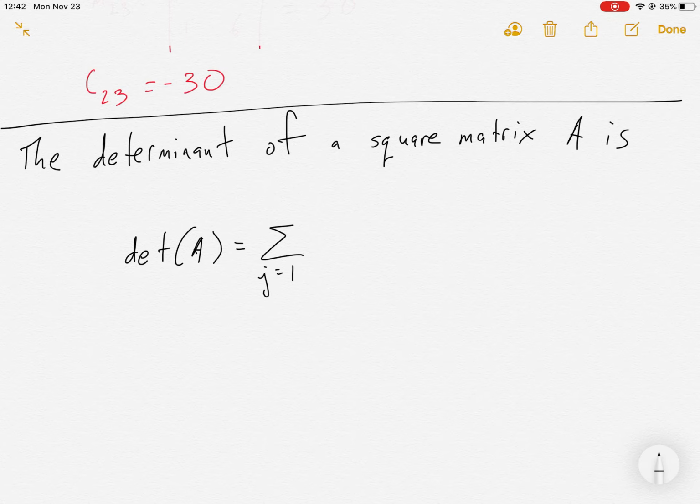So I'm going to just use the sum from 1 up to n of a1j times the cofactor C1j, where that 1 can actually change.